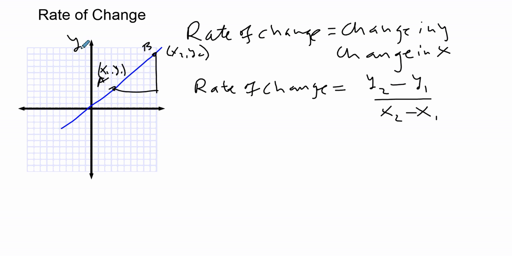Let's say this is y and that one is x. Another way we can also write it is change of y over change of x. So which is the slope?